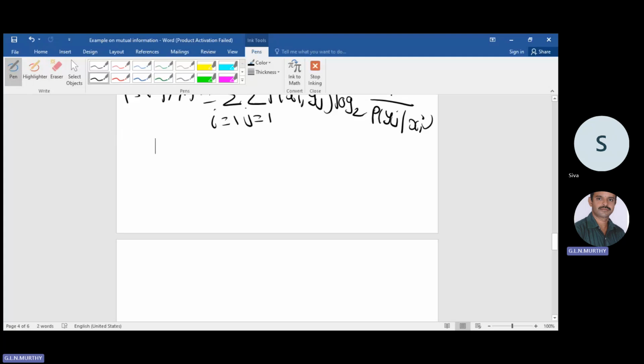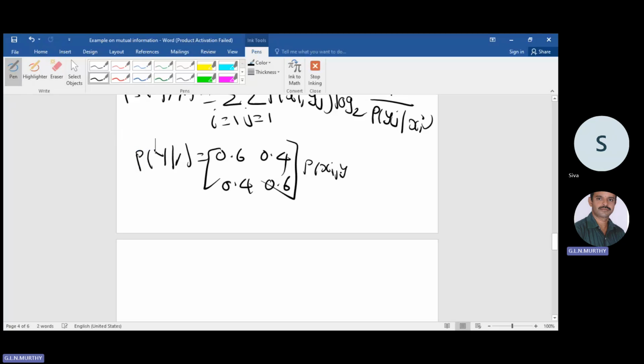Let me mention the values: P of y upon x is 0.6, 0.4, 0.4, 0.6, being symmetric. Then P of xi yj, already calculated, equals 0.15, 0.1, 0.3, 0.45. This is the joint probability matrix.